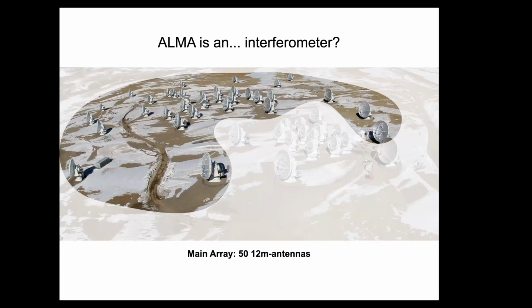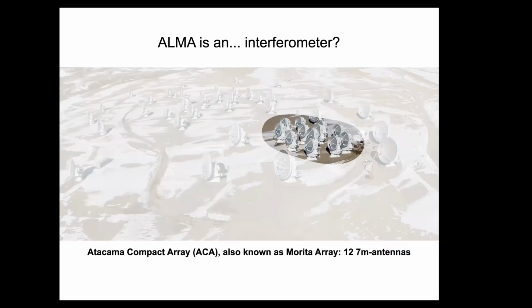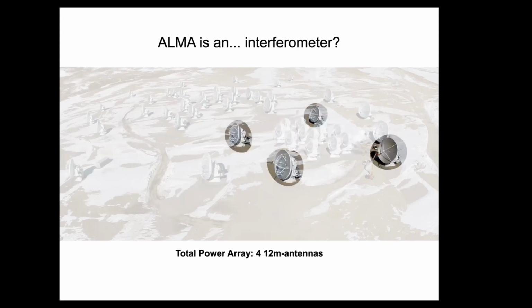Then there is the Atacama Compact Array, so-called ACA, also known as the Morita Array, which consists of 12 antennas of 7 meters in diameter. And then there is the Total Power Array, which consists of 4 antennas of 12 meters that work in single dish mode.